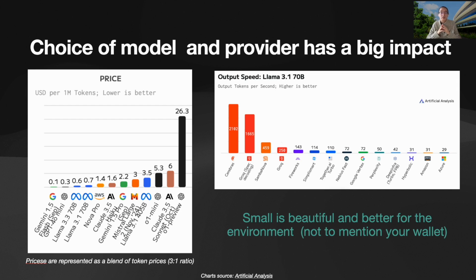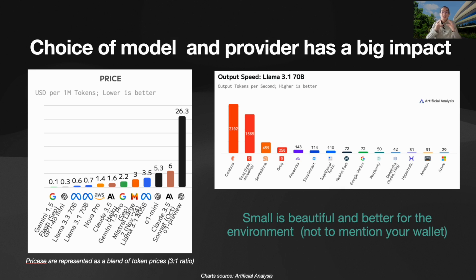In fact, Cerebras is over 2,000 tokens per second. While all the way on the right, the providers are running 31 and 29 tokens per second. All that translates to latency for your users.